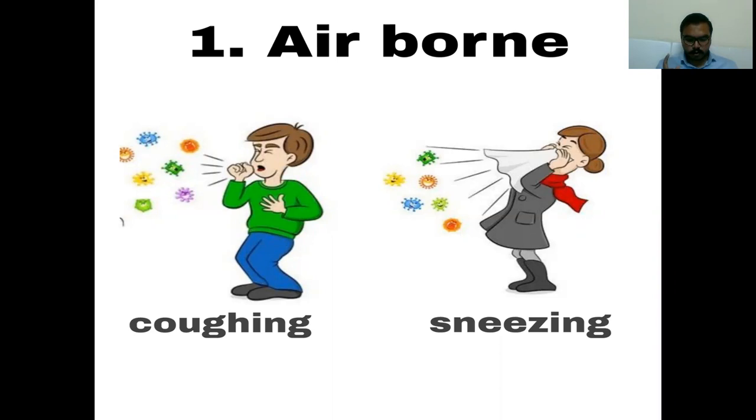Okay, so the droplet spread is usually limited to a distance of half a meter or 1 meter between the agent and the host.